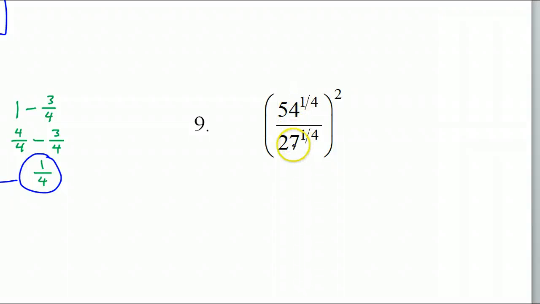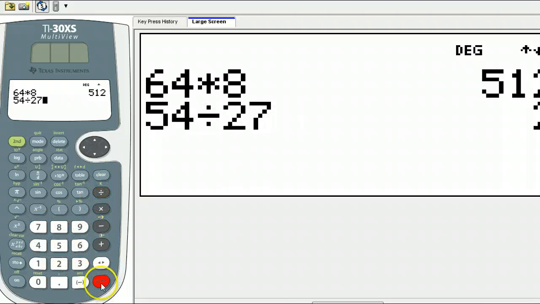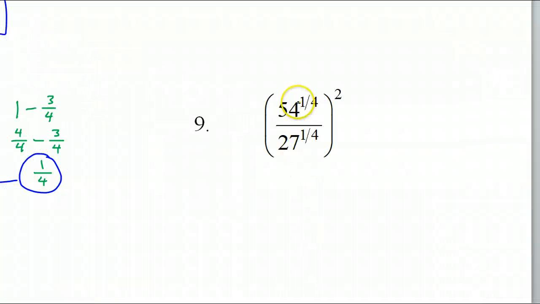So, 54 divided by 27. Something tells me that is 2. Bam! Look at that. Deuce. So if the powers are the same, I can do the division. So this is going to give me 2 to the 1/4 power, and then that whole thing is squared.